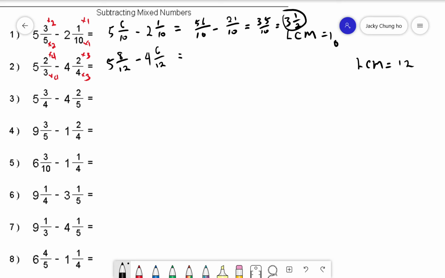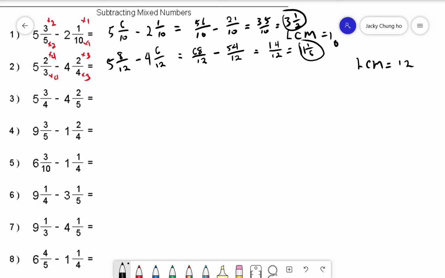This will be the same as 68 over 12 minus 54 over 12. This will become 14 over 12, which is the same as 1 and 1 over 6. So the final answer has to be 1 and 1 over 6.